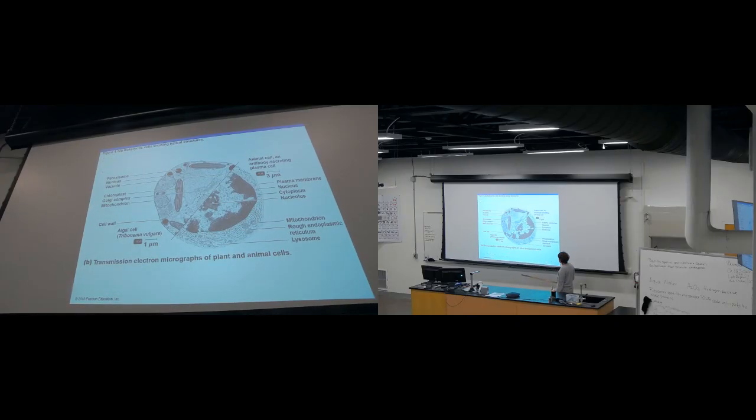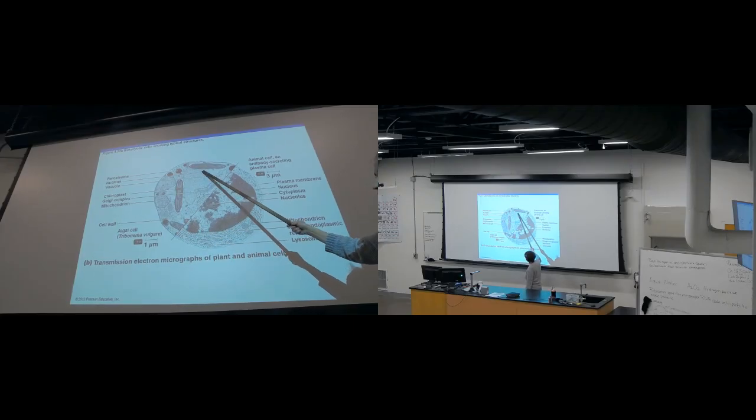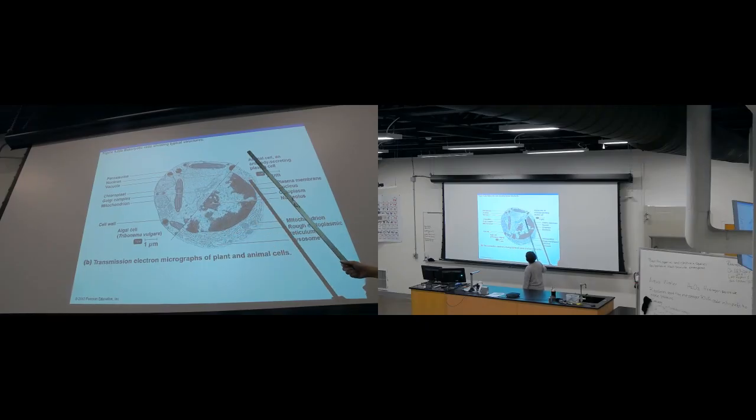So this is a transmission electron micrograph of plant cells and animal cells. You have peroxisomes here, mitochondria, chloroplast. You have the Golgi complex here, cell wall. This is actually an algal cell, Tribonema vulgaris. This is an algae.